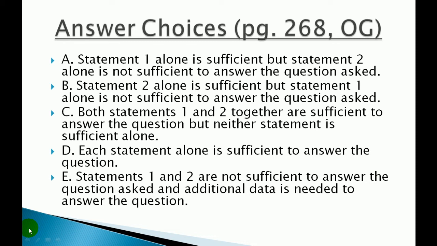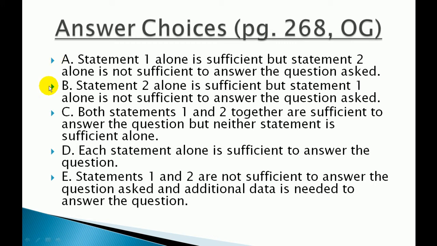Now, as I mentioned, every data sufficiency question has the same 5 answer choices. These can be found on page 268 of the official guide 12th edition. Answer choice A is that statement 1 alone is sufficient, but statement 2 alone is not sufficient to answer the question asked.